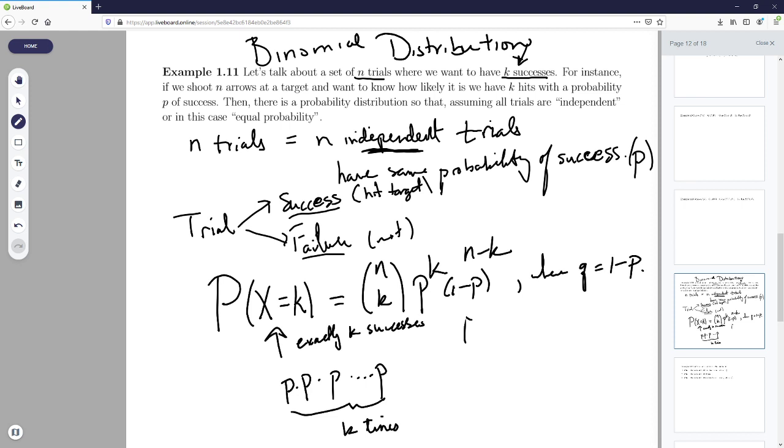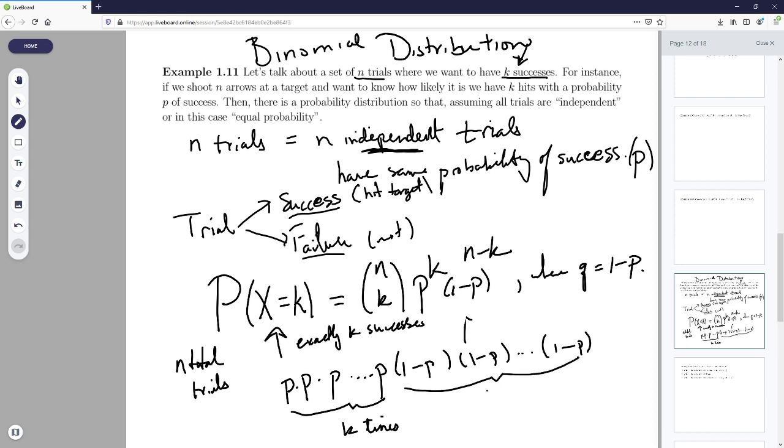And we're having n total trials, so we end up with 1 minus P times 1 minus P, all the way down, n minus K of them. This is the way that you can have K successes and then n minus K failures.